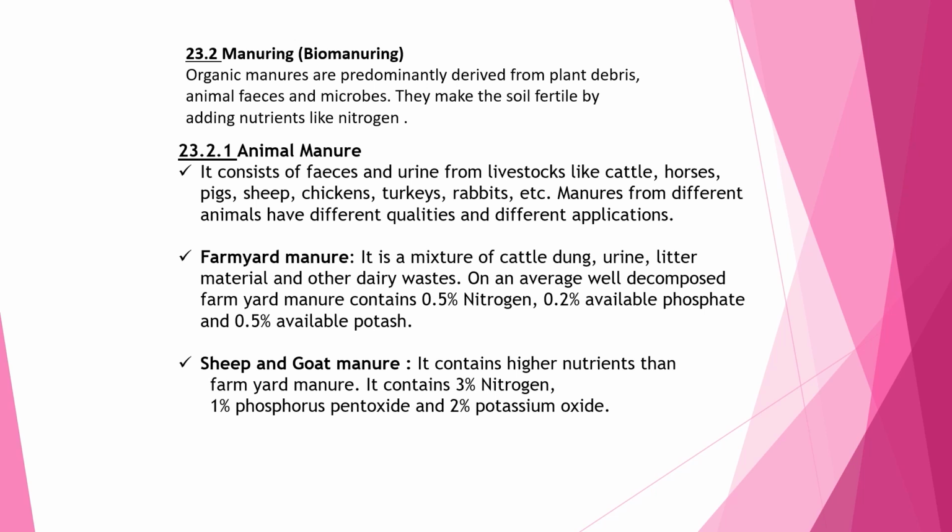And sometimes we throw all that kitchen waste, vegetable cuttings, they are all forming plant debris. Animal feces and microbes also. They make the soil fertile by adding nutrients like nitrogen. Can you recollect this that I just said now? Go through.